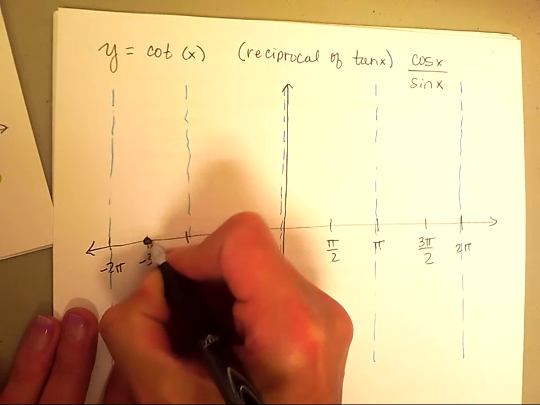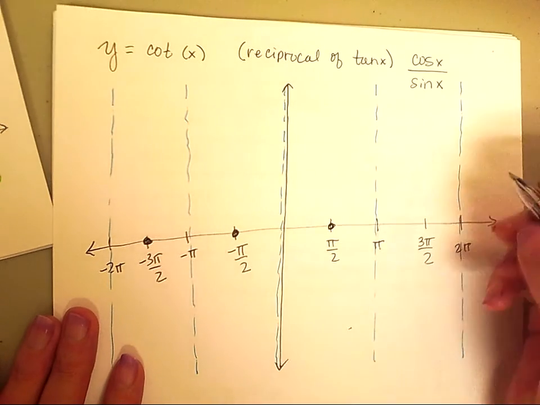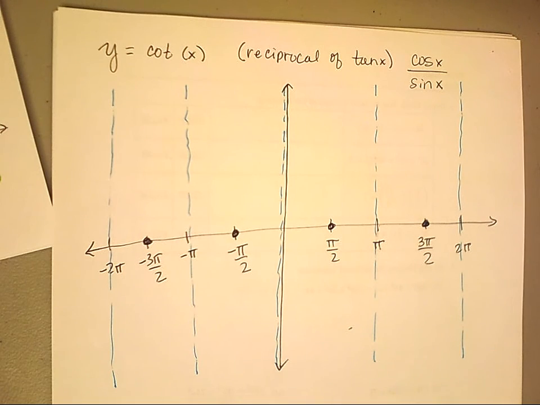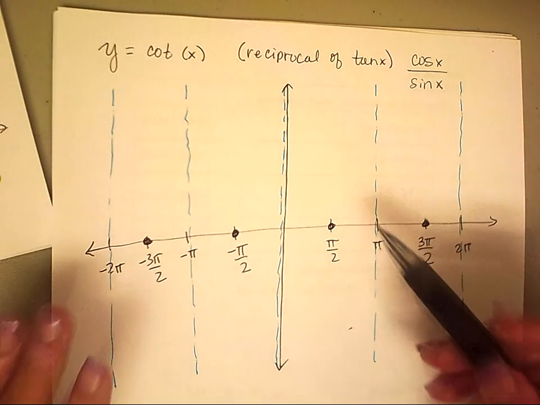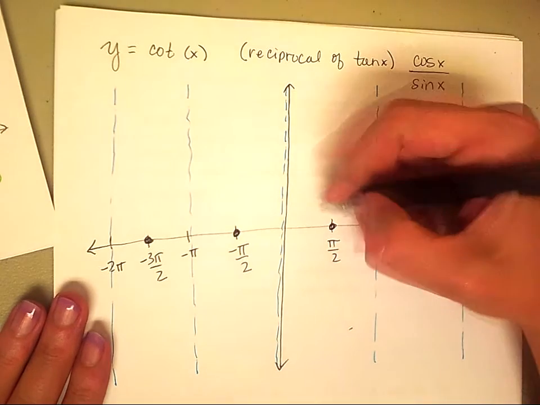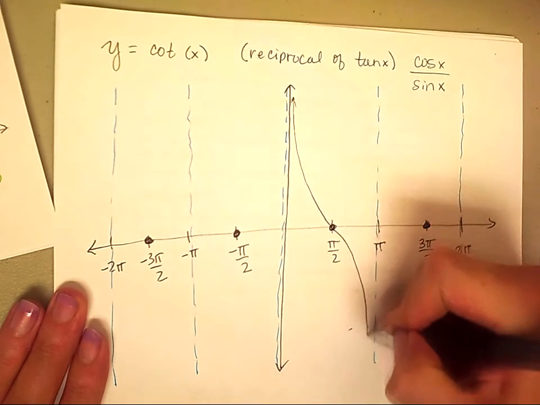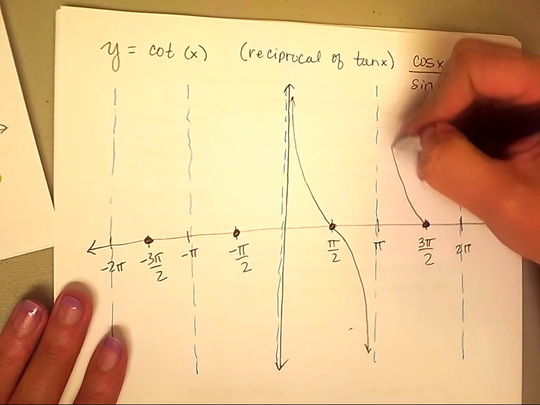In the middle, everything is equal to 0. So in the middle of the asymptotes, now these are not the same values as the tangent, but in the middle of the asymptotes, these are equal to 0. And where tangent took off this way, it actually is going to take off in this direction and be the flip.